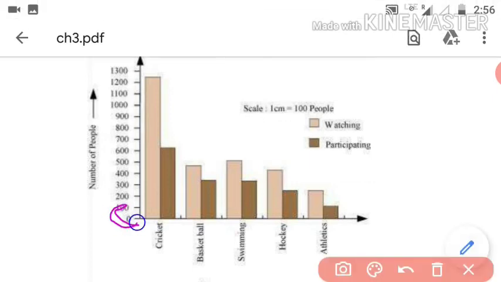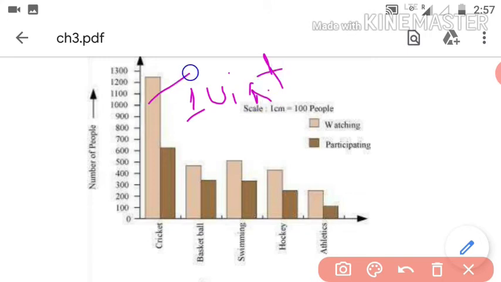I will show you the graph. Here the scale shows what? 100 people, okay? You can take 100 people and also you can take 50 people. It's up to you how much you want to take. So here I have given 1 centimeter means 1 unit. 1 unit is equal to 100 people. So this color is for watching and this color is for participating.